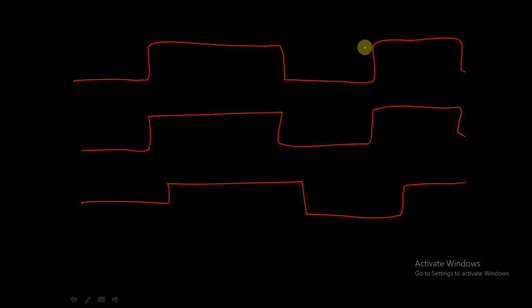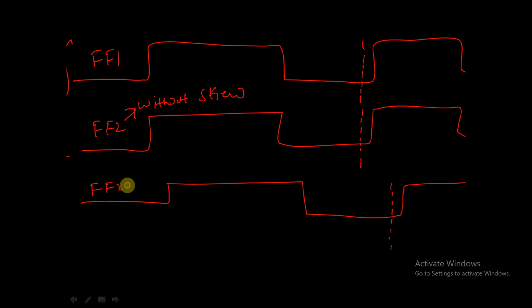So let's say this is the setup time for the second flip flop. Here there is a setup time, right? So what is the requirement? The data should be present before this setup time, right? So this is the case without skew. This is the data. This is the clock for flip flop one. This is the clock for flip flop two. Okay, this is without skew, and this is the clock for flip flop two with skew.